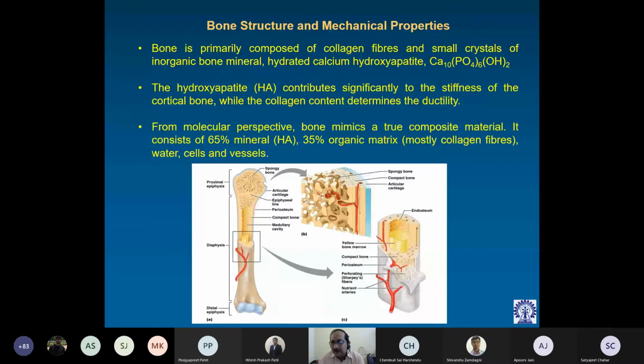Okay, it has an organic part, which is the collagen fiber, and an inorganic part, which is the hydrated calcium hydroxyapatite. The role of the hydroxyapatite is to contribute towards the stiffness of the bone generally, while the collagen content actually determines the ductility.